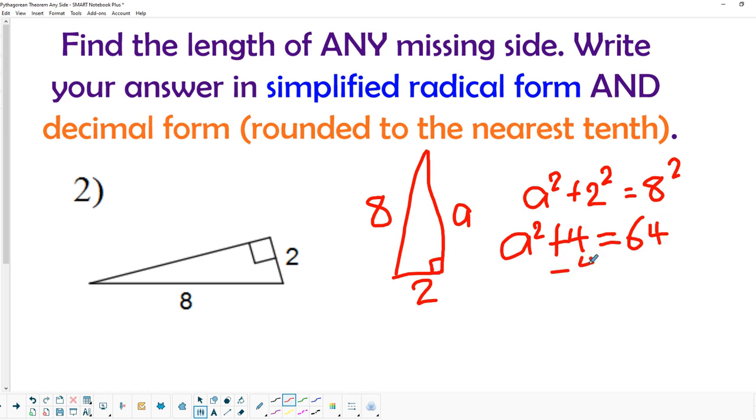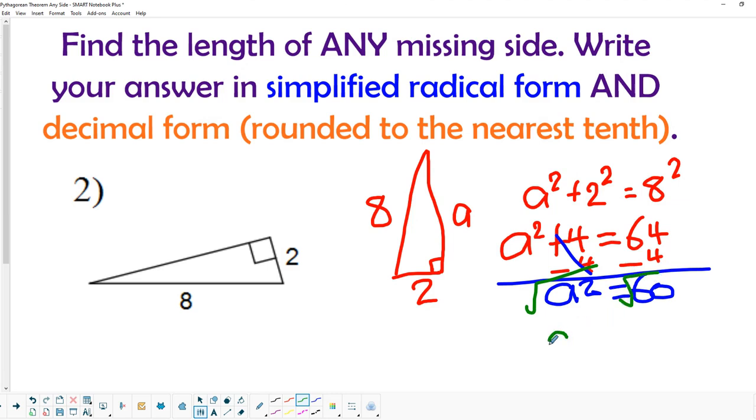Subtract 4 from both sides, and that will give me a squared. The 4's cancel out, and it equals 60. So then I just have to do the square root again. The square root of a squared, the square root of 60, and that would be a. Now I could leave this as the square root of 60 and even try to simplify it like we've done.